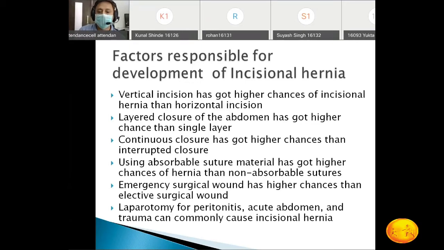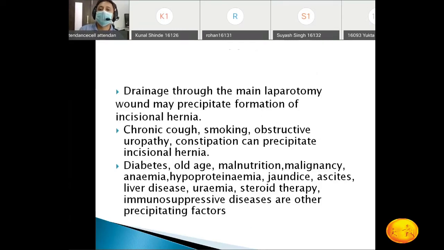Laparotomy for peritonitis, acute abdomen, and trauma can commonly cause incisional hernia. Drainage to the main laparotomy wound may precipitate formation of incisional hernia. Then chronic cough, smoking, obstructive uropathy, constipation can precipitate incisional hernia.